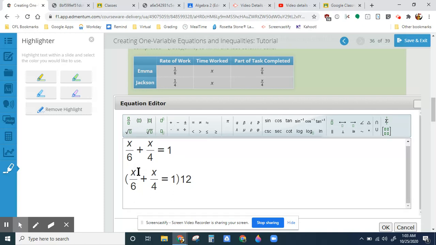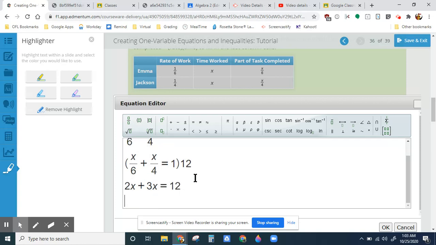So therefore, this 12 and the 6 cancels out with this 12, and we get a 2. So we get 2x plus the 4 and the 12 cancel, and we get a 3. And unfortunately, that 1 and 12 can't cancel, so we end up getting 12. And then we're going to end up getting 5x equals 12.